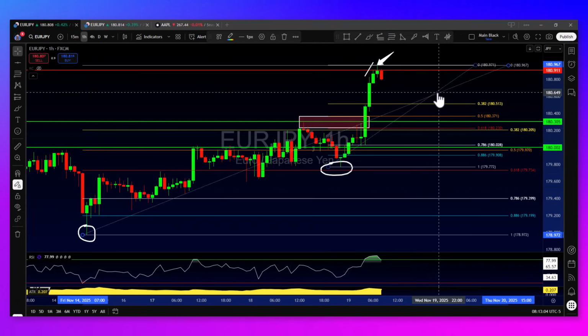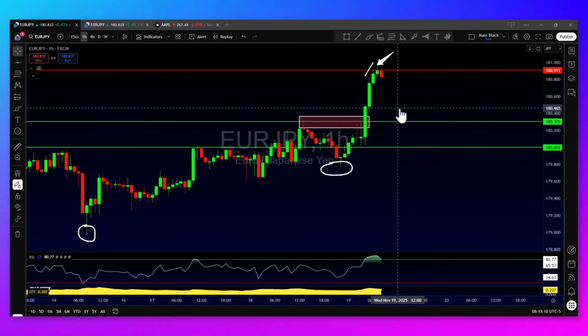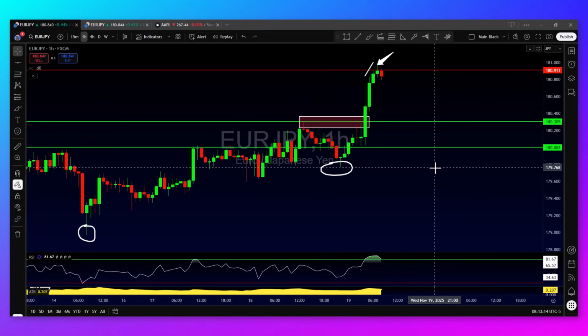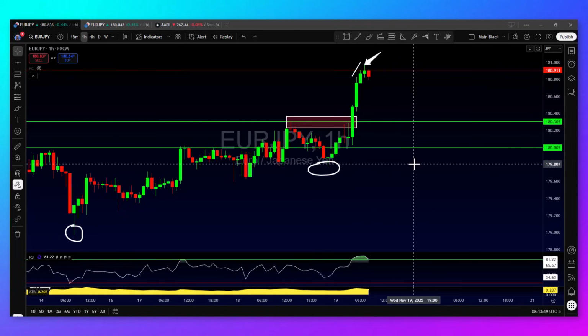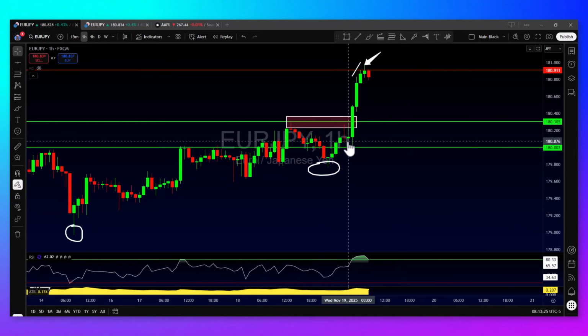I'm going to erase some of these fibs just to give us a clearer chart again. But the idea is you're projecting your target level. The one thing I would say with the 180 is this. You notice at this 180, and we'll bring volume in as well, it's right below the low of this wick.